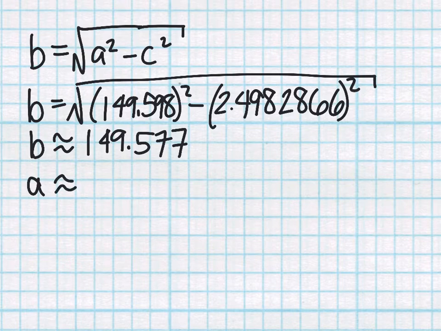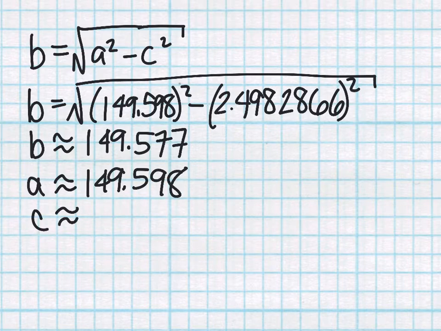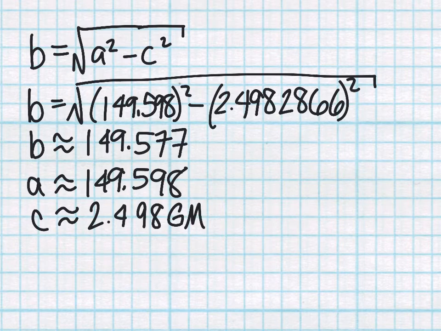A is approximately 149.598. C is approximately 2.498 gigameters. So here's where it helps to remember where A, B, and C lie in space with relationship to an ellipse. So here is an ellipse.